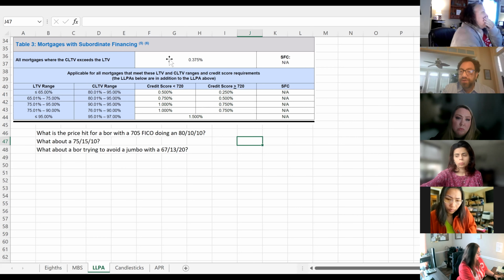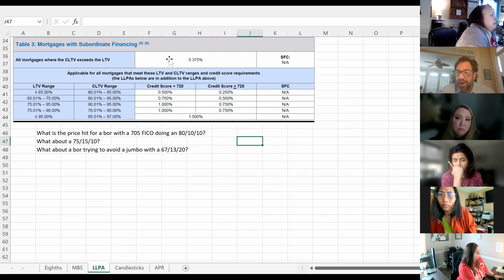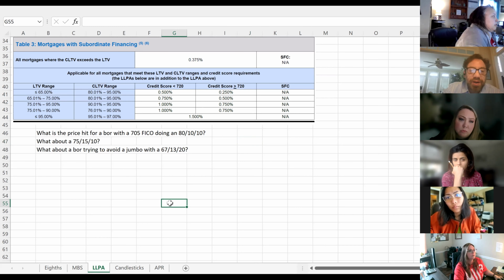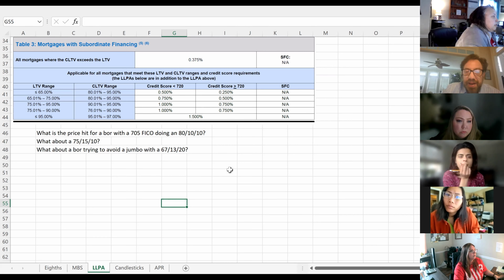Well, we can do a first mortgage with a $200,000 HELOC, and then they just pay off that HELOC when they sell their house, and they're left with the one small mortgage that they wanted to begin with. Does that make sense? Okay, but now how do you price it? So, Nitty, what if you want to do an 80-10-10 and the person has a 700 credit score? How are you going to price it?